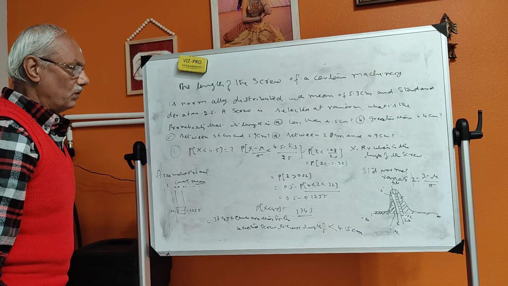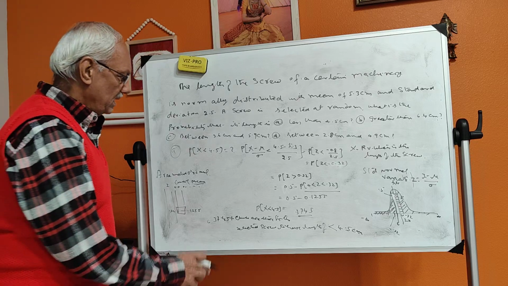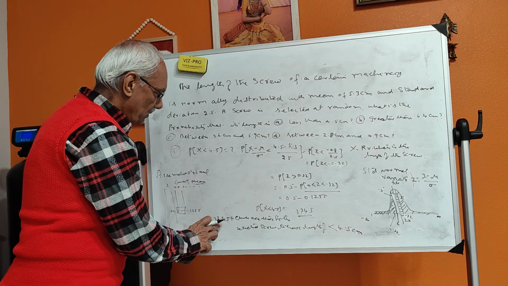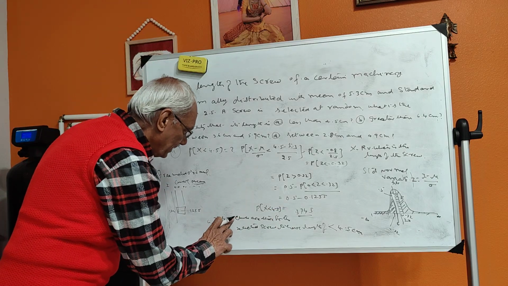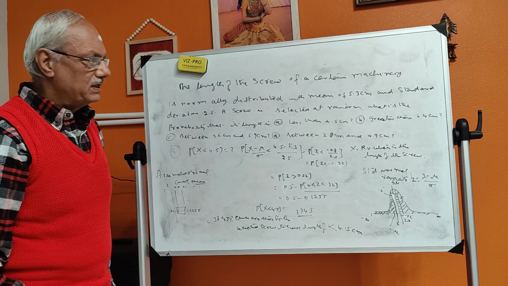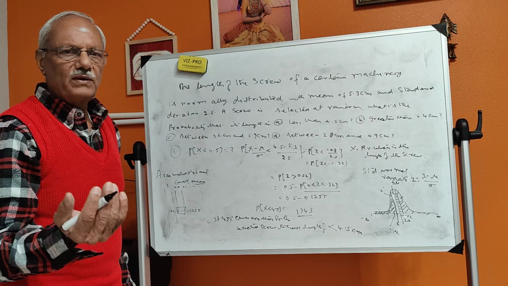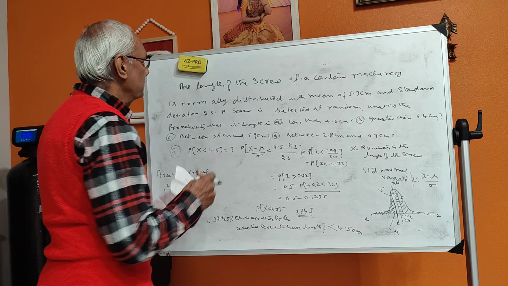So we are able to find what the probability is. If the screw is selected, the probability is 37.45%. So this is our first problem.